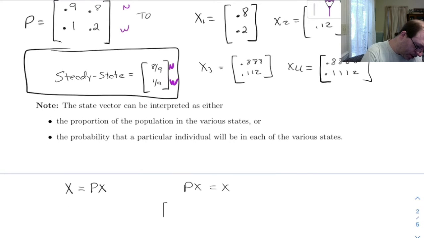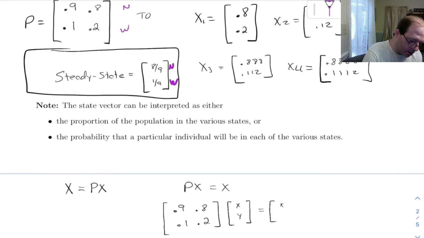Our P in this case is 0.9, 0.8, 0.1, 0.2. And I don't know what x is, I'm just going to call it x, y. So we've got to solve this system.